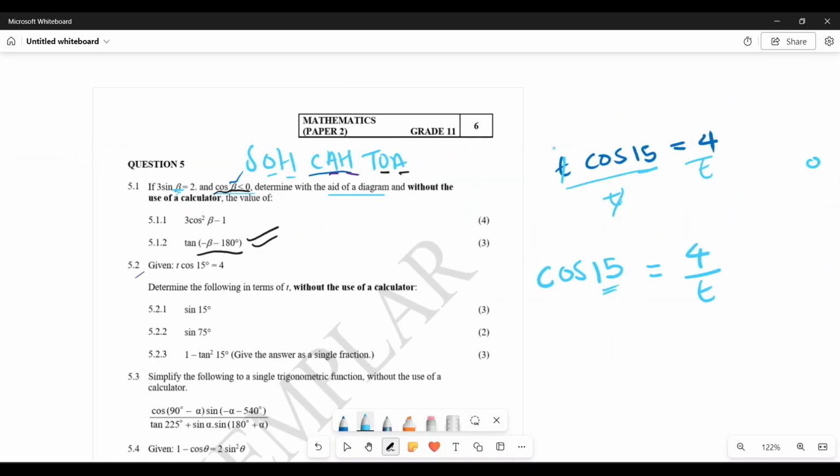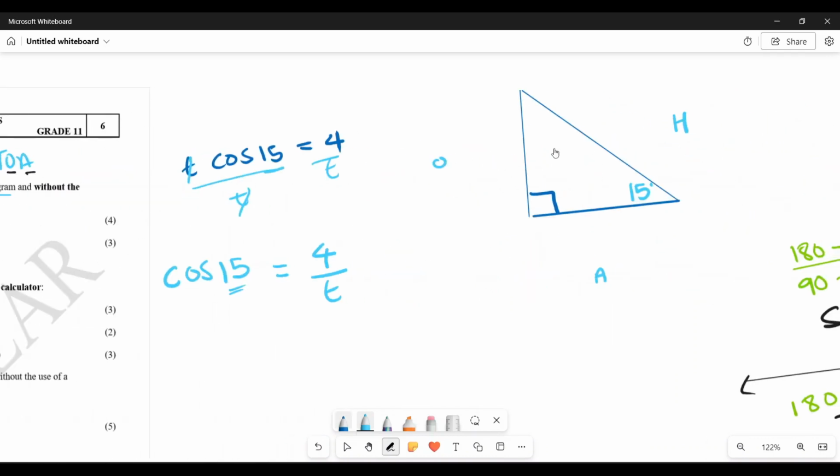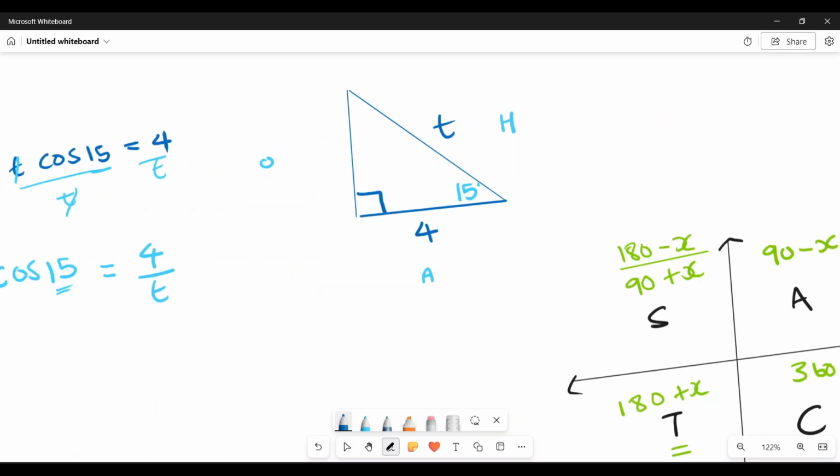Now remember, what is cos? Cos is adjacent divided by your hypotenuse. So here, if I were to substitute my values, my adjacent would be 4, my hypotenuse would be t. Now let me solve for my y using the theorem of Pythagoras. So r squared is equal to x squared plus y squared. Now I'm looking for my y. I'm going to make this equation in terms of y by simply taking x to the other side. So as a result, y squared would be equal to r squared minus x squared.